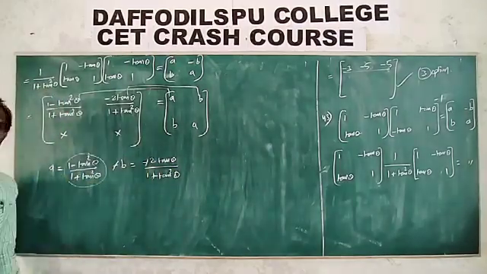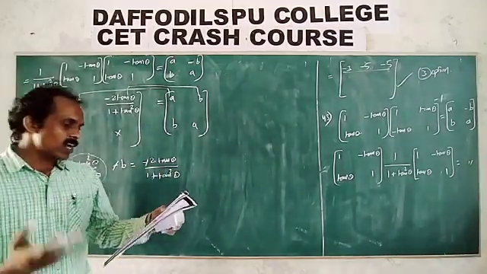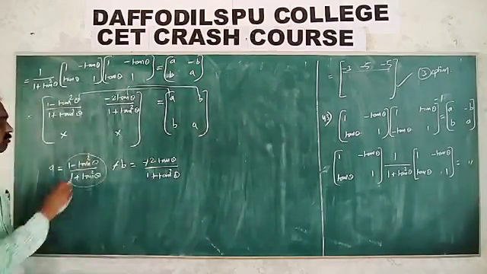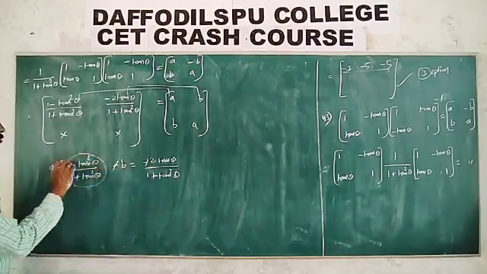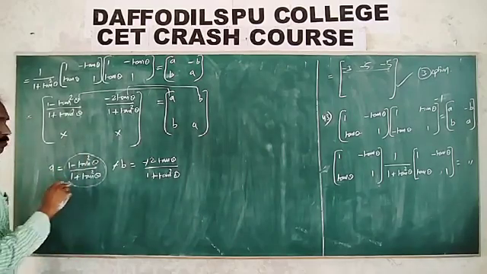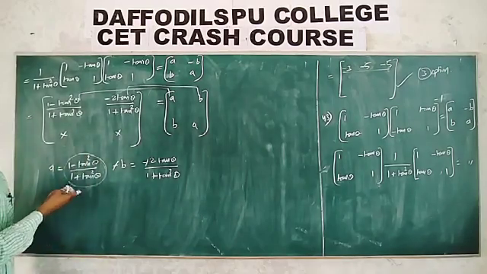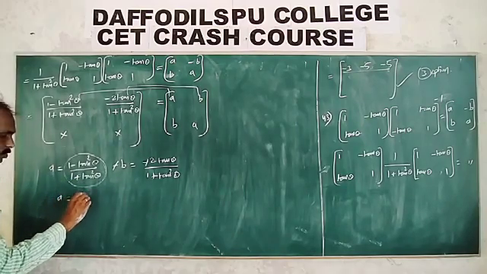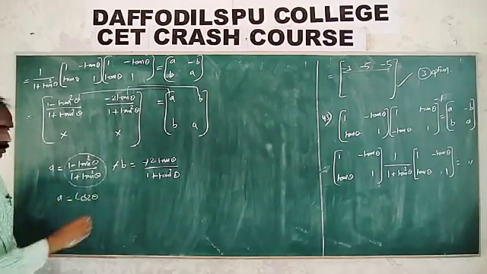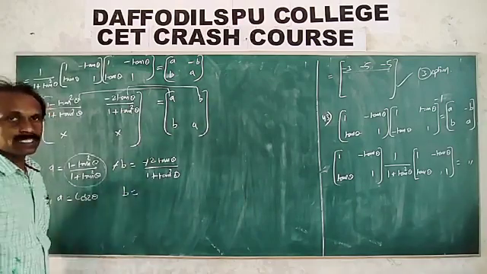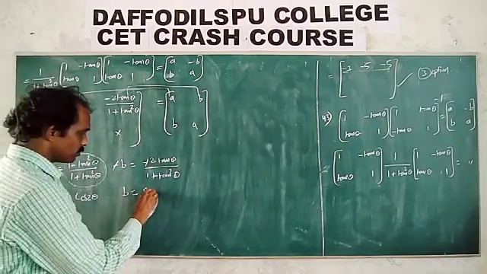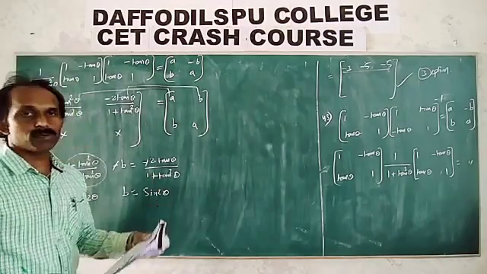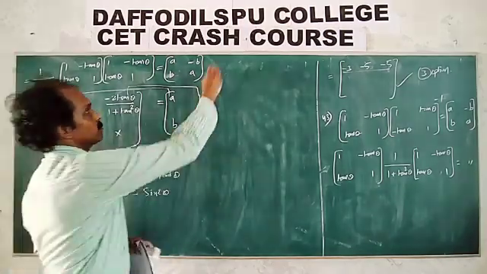The options are cos 2 theta, sin 2 theta, sin theta, cos theta. 1 minus tan square theta by 1 plus tan square theta is the cos 2 theta formula in terms of tan. Therefore A is equal to cos 2 theta, and B is the sin 2 theta formula, so B is sin 2 theta. So the second option is the correct answer.